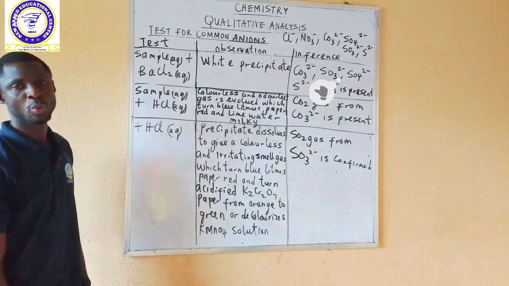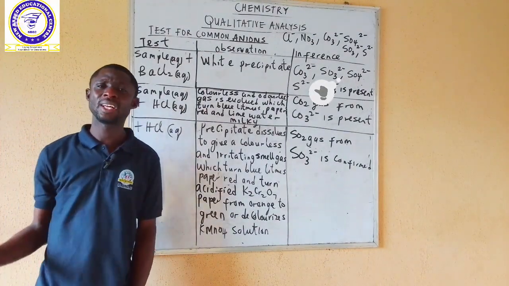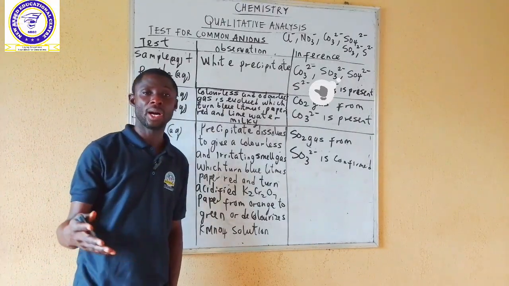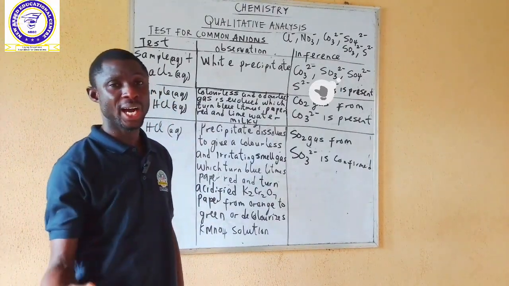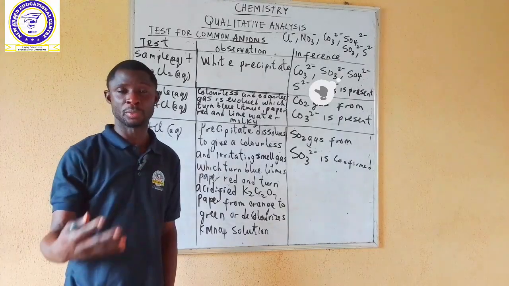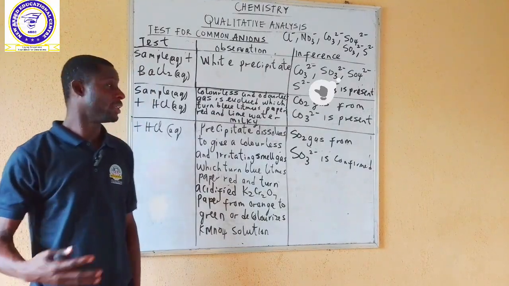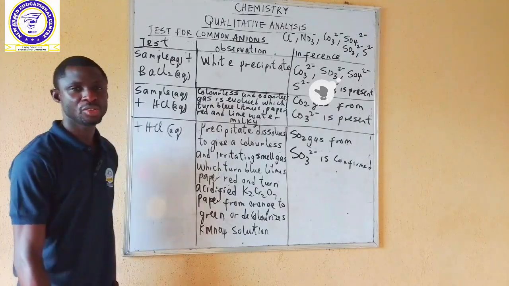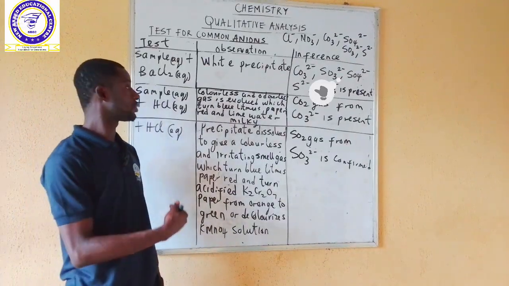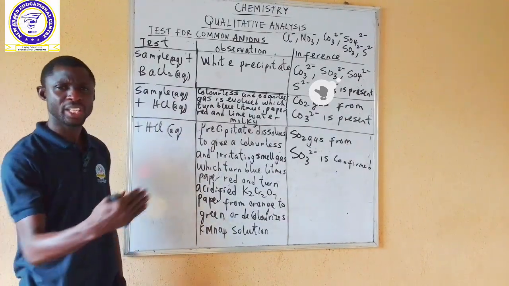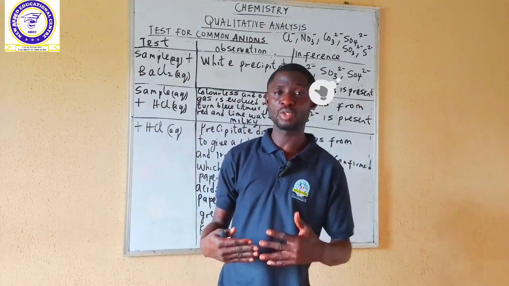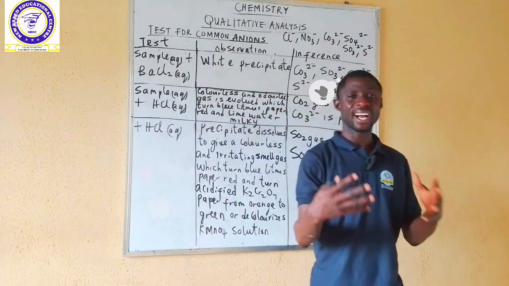These are the common ions we usually test for during our experiment, and they will actually ask you in your examination. So if you can master this trick that I have taught you in this class, it will be easy for you to solve questions on alternative to chemistry practical when you are doing such an examination.